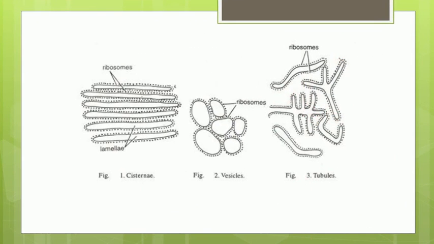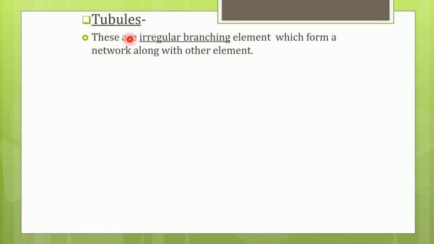So the tubules. We have seen in this picture, these are the tubules. These tubules are irregular in structure. We have seen that cisternae are regular in structure, there is no branching, but tubules are irregular in structure, they show branching and they form a network in the cytoplasm.